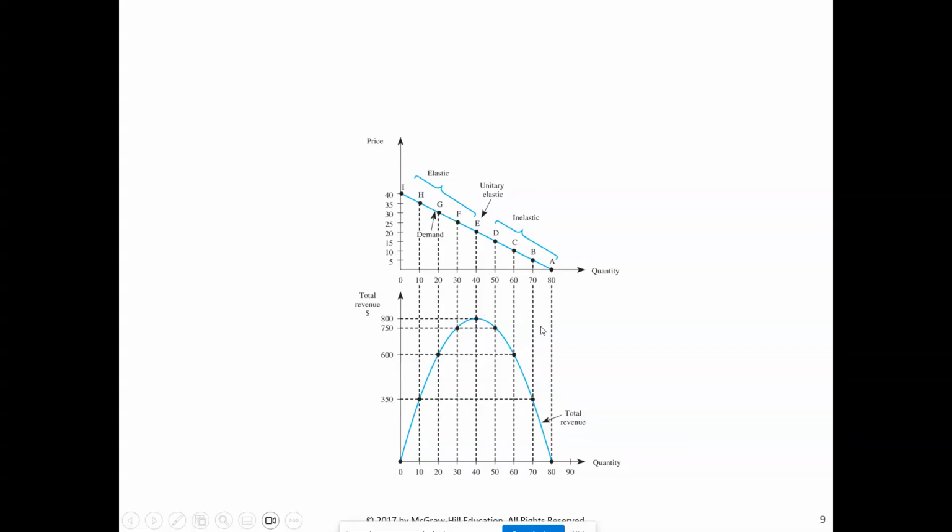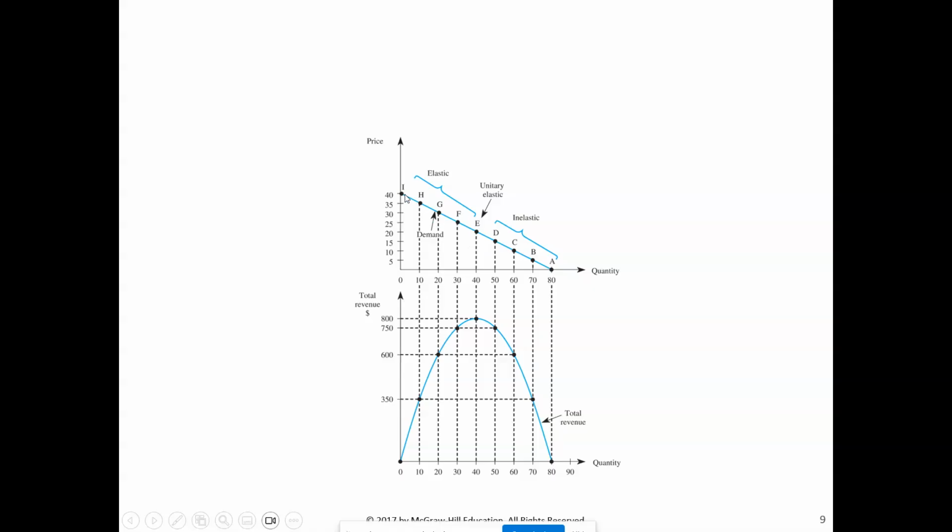So the upper and the bottom graphs share the same horizontal axis, quantity. The upper vertical is price, the lower vertical is total revenue in dollars. So if we do the product of price and quantity combination, 40 multiplied by 0 is 0, 35 multiplied by 10 is 350. We can calculate the corresponding total revenue.